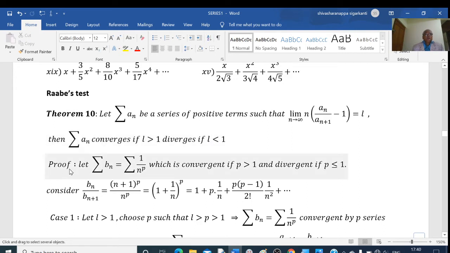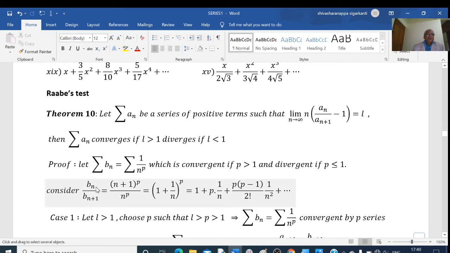So here, to prove this, let me consider one series sigma b_n equal to 1 by n to the power of p, that is the p series. And we know that this series is convergent if p is greater than 1, and it is divergent if p is less than or equal to 1.